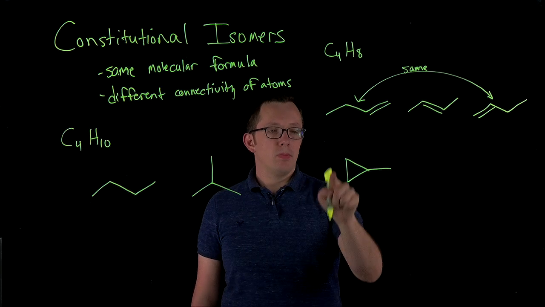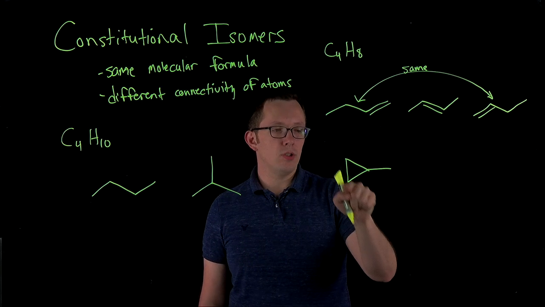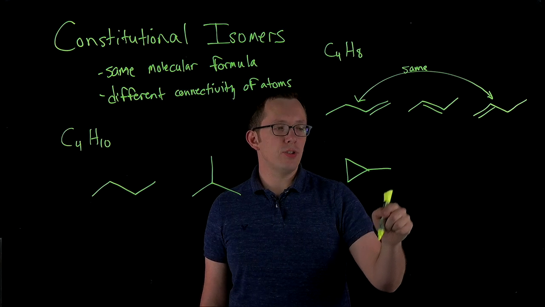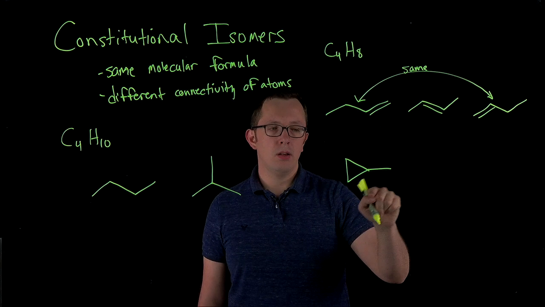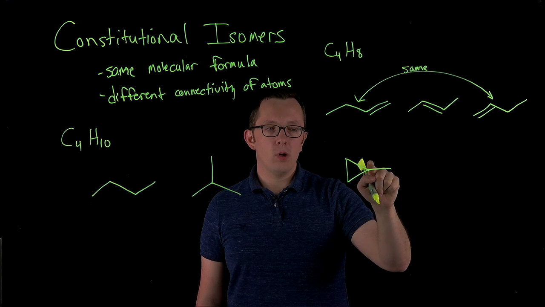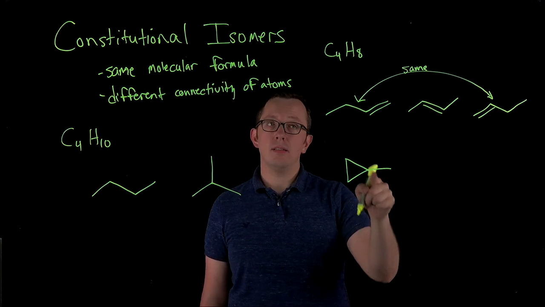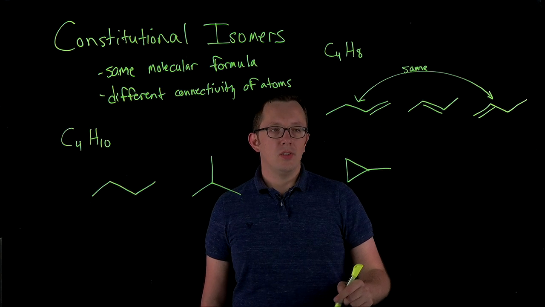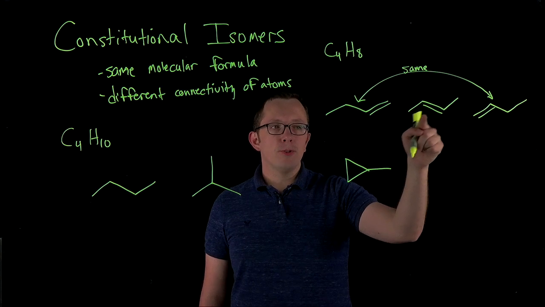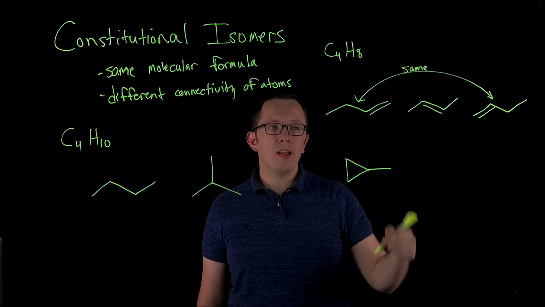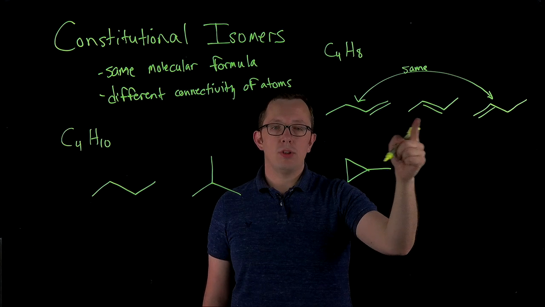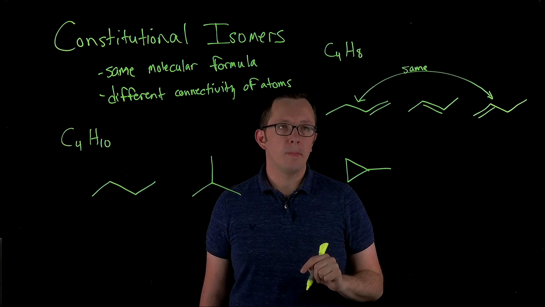If we count up our hydrogens here, we have 4 carbons. Counting hydrogens, we have 1, 2, 3. There's one here for 4, 5, 6, 7, 8. So again, C4H8. This one is going to have different chemical and physical properties than our two isomers up here.